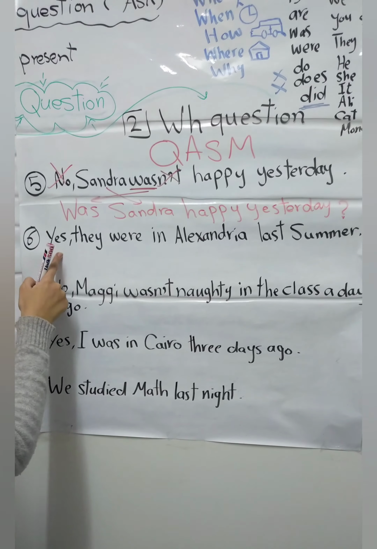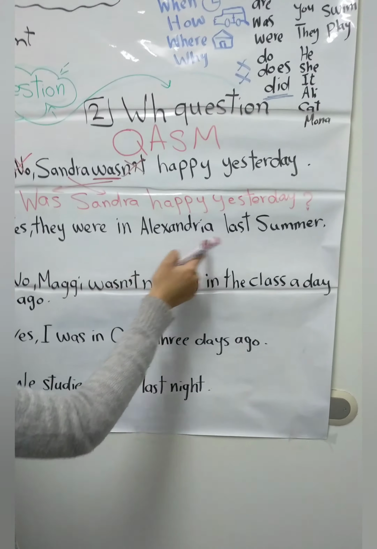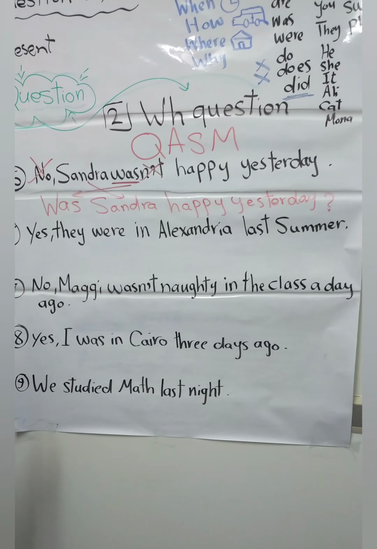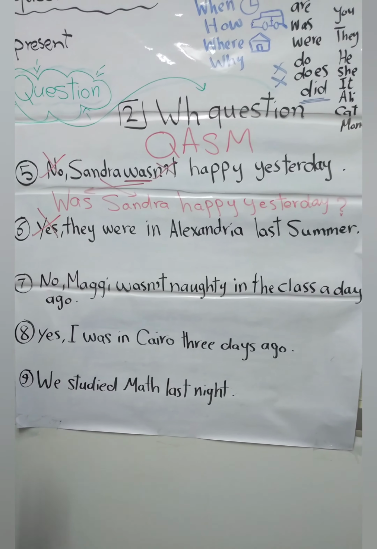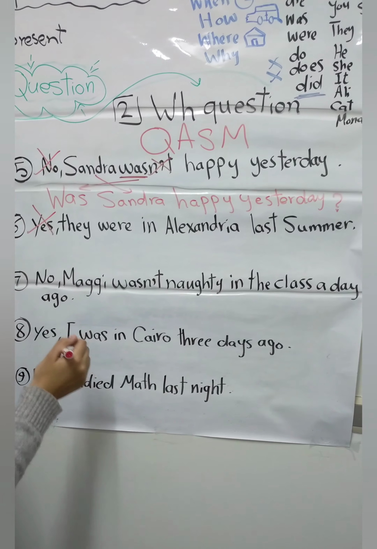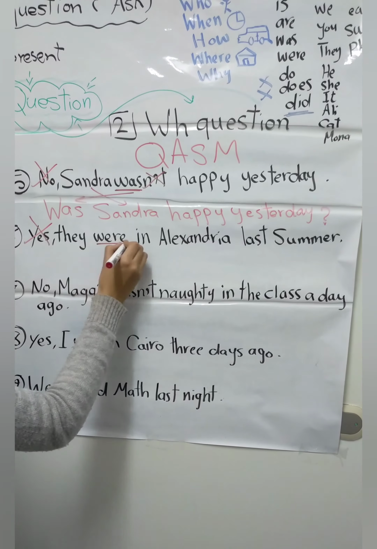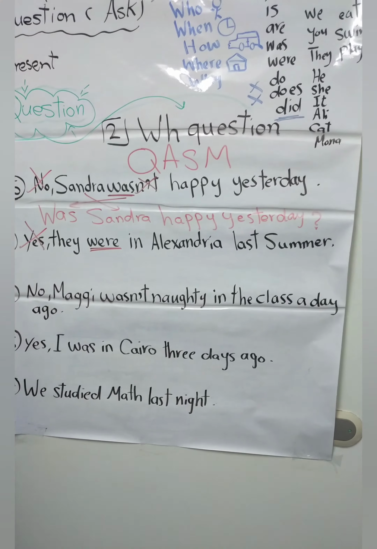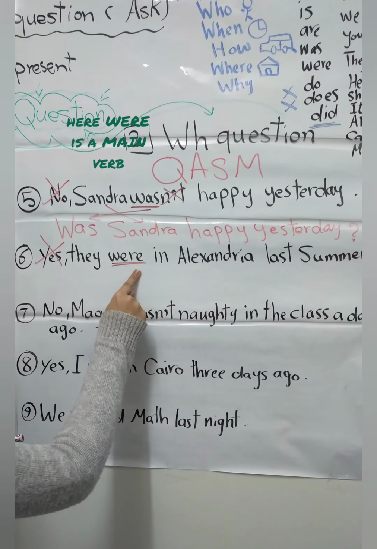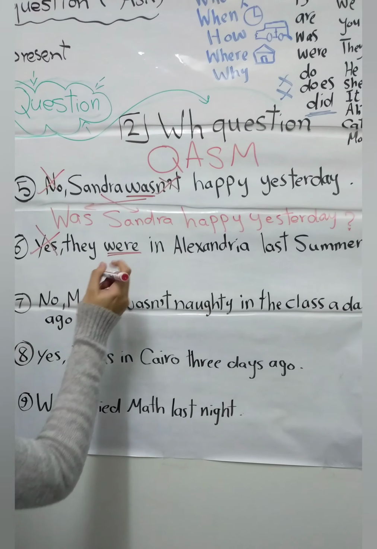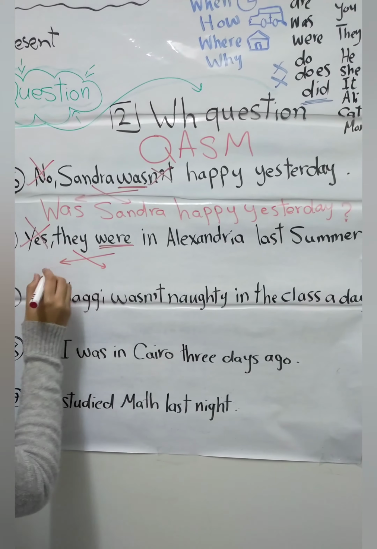Number 6, yes, they were in Alexandria last summer. Here we have yes or no question, so step number 1, cancel yes. Step number 2, search for the auxiliary verb. Here we have were, so make a cross between were and they.